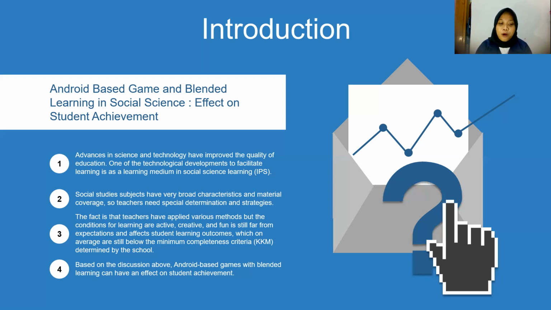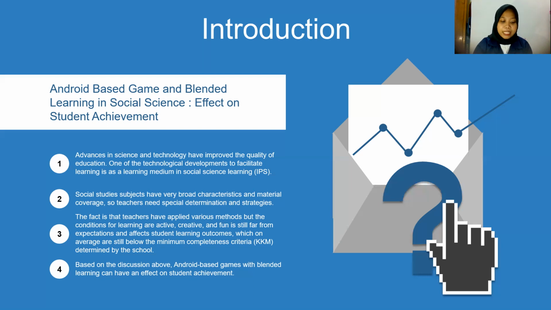A blended learning system combines face-to-face instruction with computer media instruction and includes offline or online content learning and web-based learning. The blended learning approach is considered more effective and significantly improves student performance, so that the learning process is more effective and flexible and can improve student learning outcomes in social studies learning.